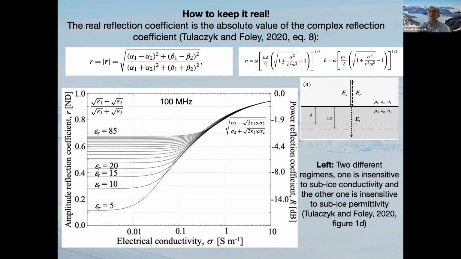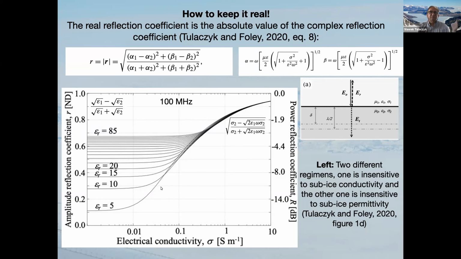And you can start plugging in real values of permittivity, of conductivity, of magnetic permeability, if you choose to, and a frequency of your radar signal. Yes, cumbersome, but you can do this in a spreadsheet or with simple Python or MATLAB code, and have a full accounting for how these different material properties can impact the radar reflectivity of an interface.